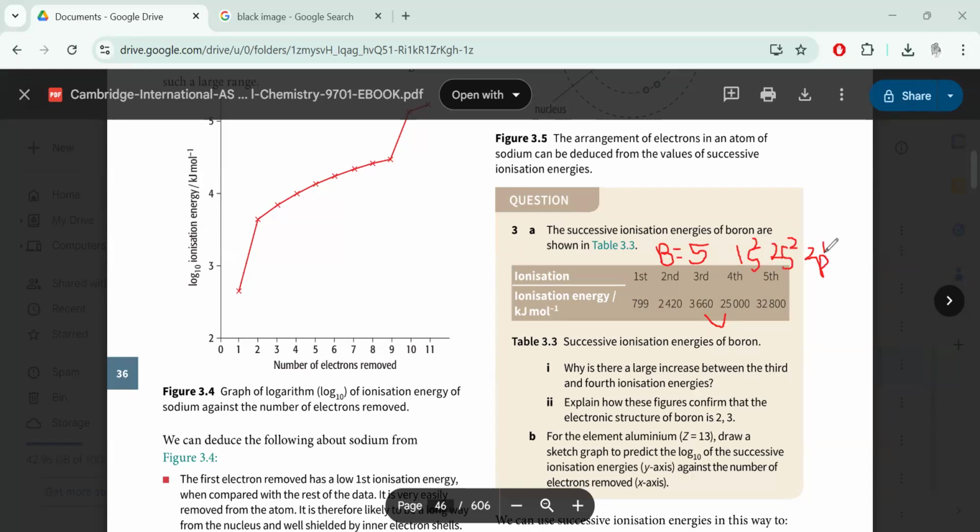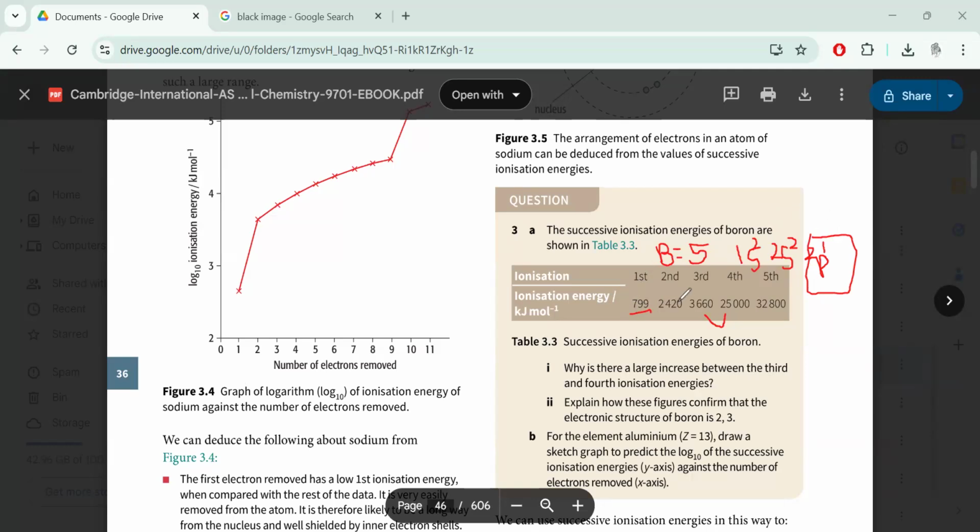Like I said earlier, the valence electron, the very outer electron, is here in 2p1. Boron tends to lose this electron, so it doesn't require a lot of ionization energy. As you can see right here, it only requires an ionization energy of 799. So this is the first ionization energy.